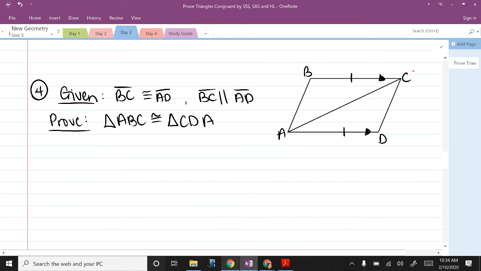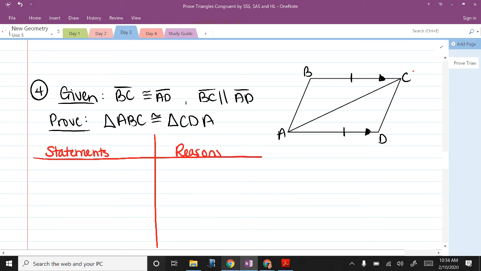All right. Statements and reasons. BC is congruent to AD, and BC is parallel to AD.